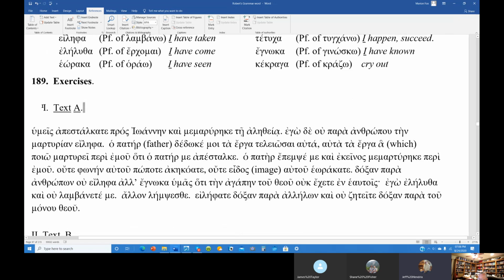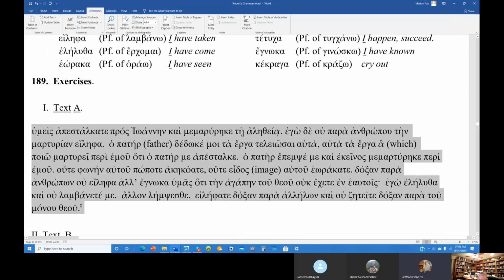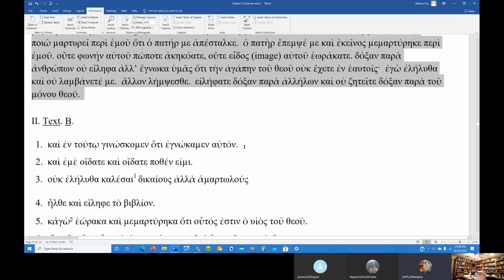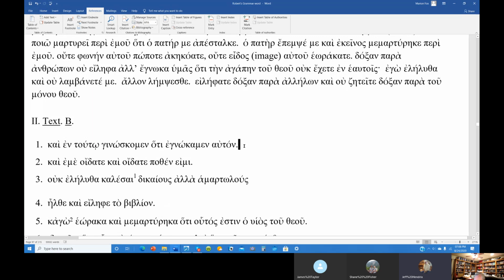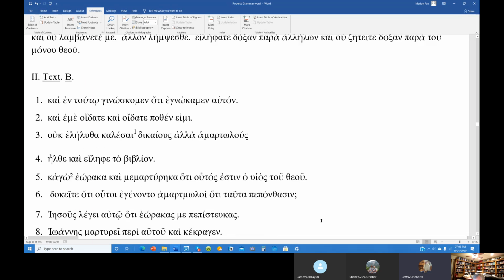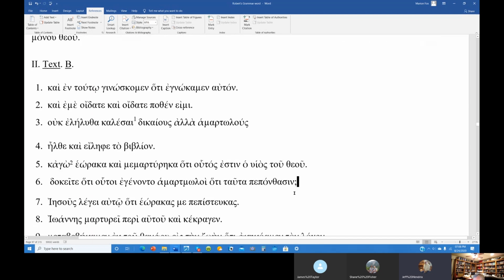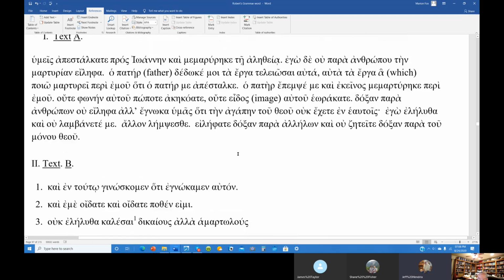We want to take this for next week, and I want you to translate this, and we'll discuss it. If you do some checking around, you'll find that some of this stuff he's having you translate here, like in text B, for example, this right here is 1 John 2:3, and right here is John 1:34, Luke 13:2, John 20:29, and several of these are right out of the text of the Bible.